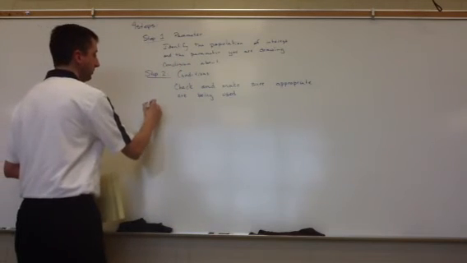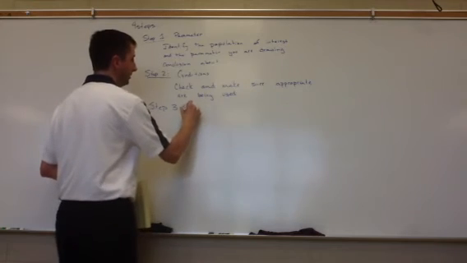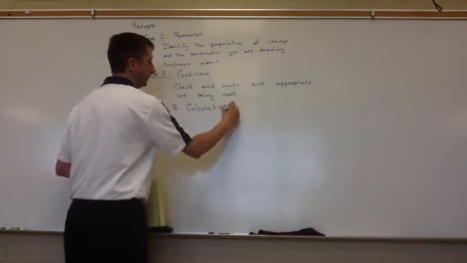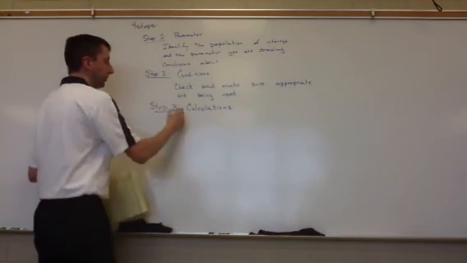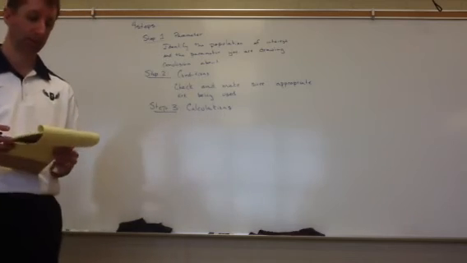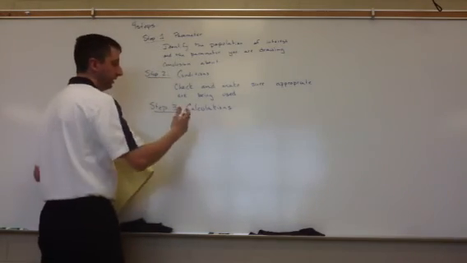Step number 3, calculations. Each inference problem is going to have some kinds of calculations that go along with it. So make sure the conditions are met, then carry out the calculations.